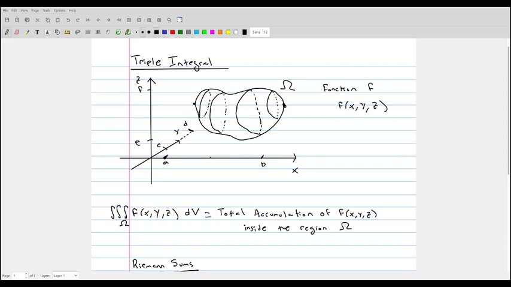So the idea here is we form a partition similar to how we formed a partition for the double integral, where we cut up these intervals into a whole bunch of very, very small pieces.